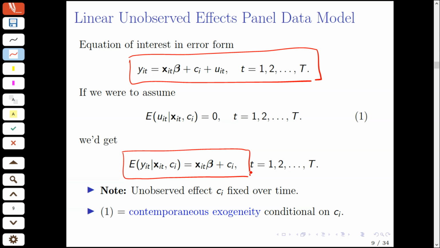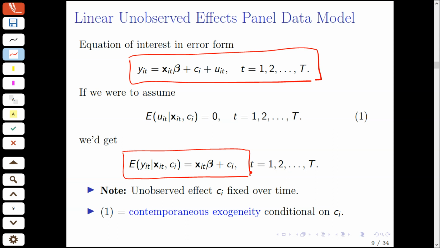Now note here that this additional unobservable c_i is implicitly assumed to be fixed over time. That is, it doesn't even carry a time subscript. That is a restriction that may or may not be restrictive, or may not be strong.